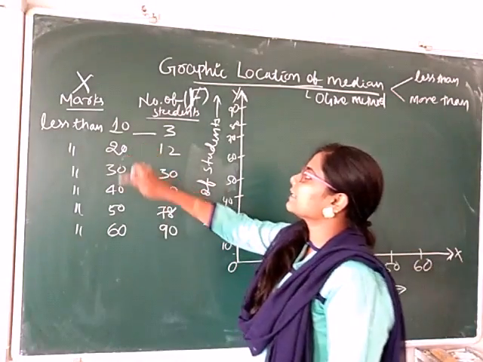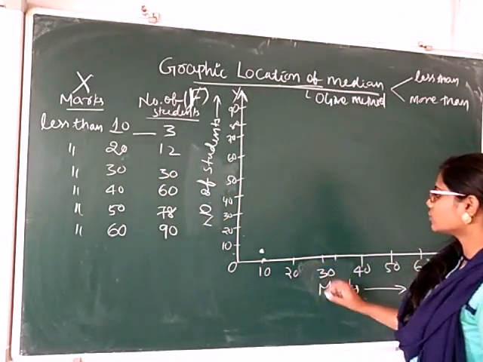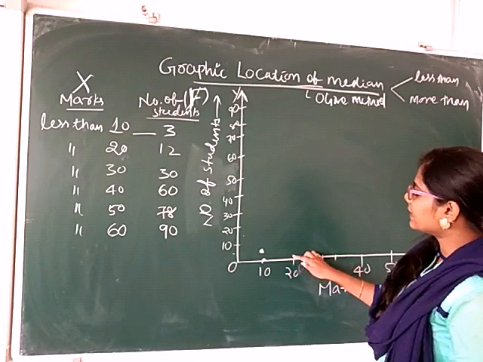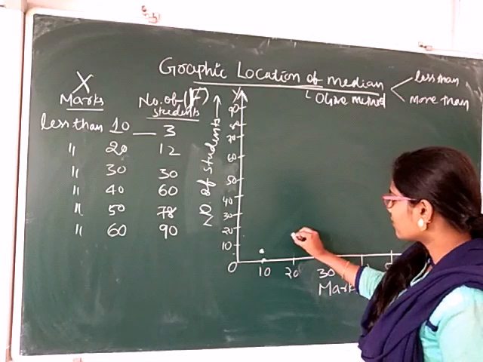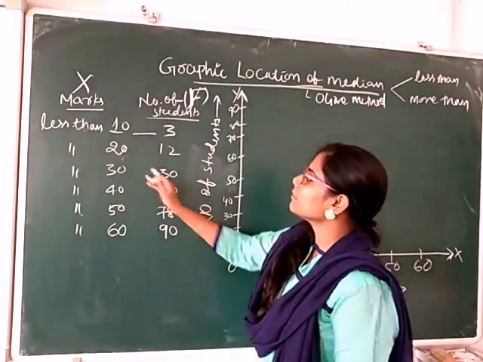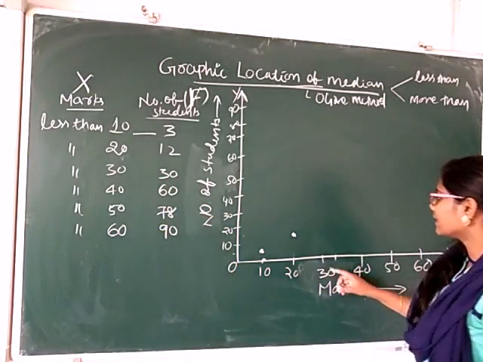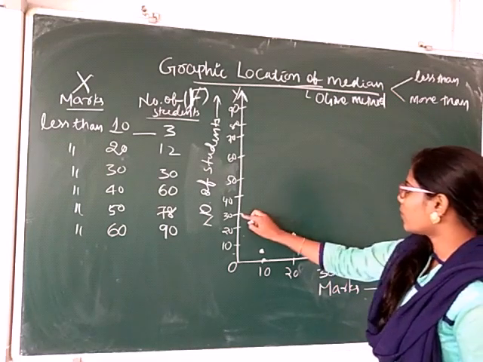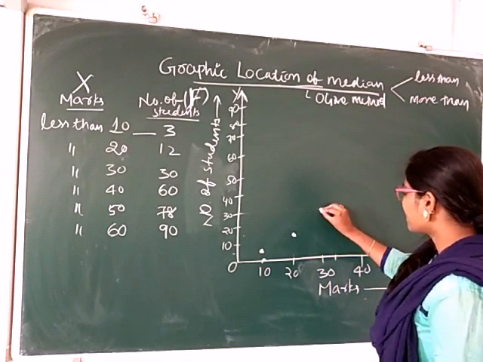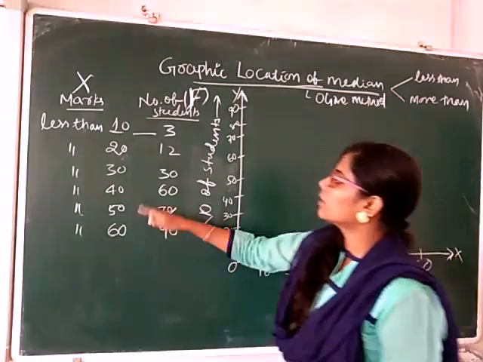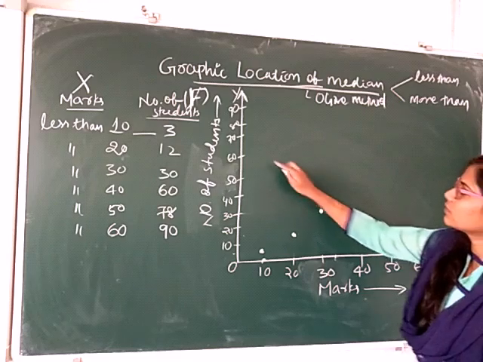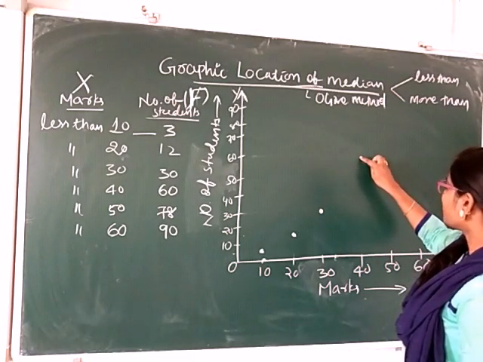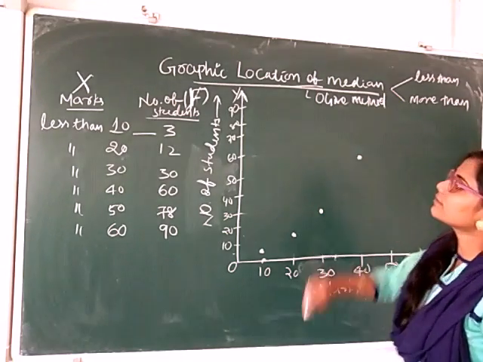Like this, less than 20, the number of students is 12, and the point will be here. Same, less than 30, the number of students is 30, so the point will be here. Less than 40, the number of students is 60. The point will be here.